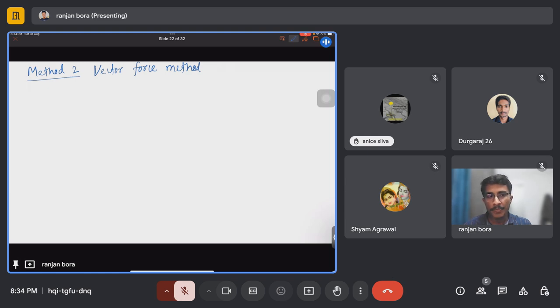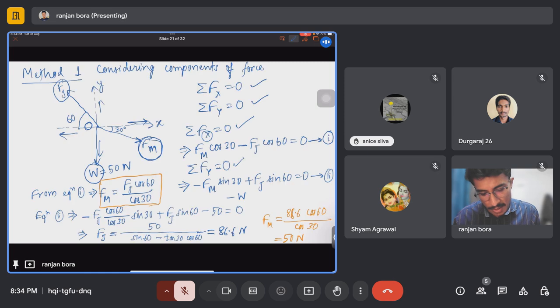So using the three forces, we can draw a triangle and use that triangle to solve for the unknowns, Fm and Fj. The three forces are W in the vertically downward direction, then Fm also downward at an angle of 30, and Fj upward at an angle of 60. How can we draw all these three forces?